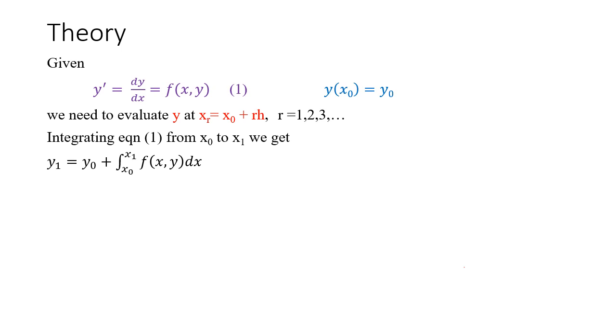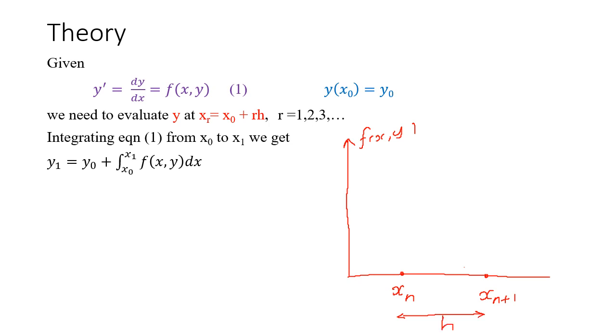So we can mark it as something like this. Let this be f of x, y, and this is some xn, and this is some xn plus 1, which are at a separation h. Now we will consider we have this information at x equal to xn.